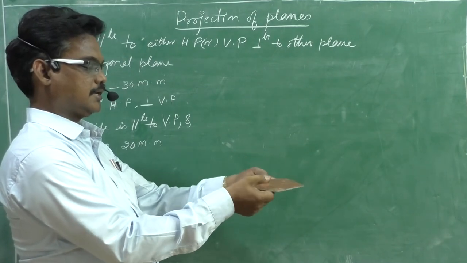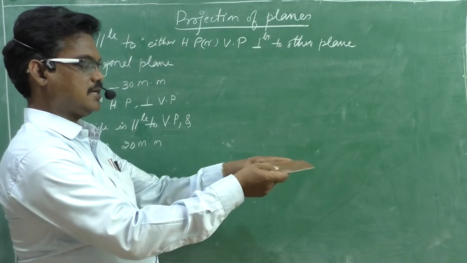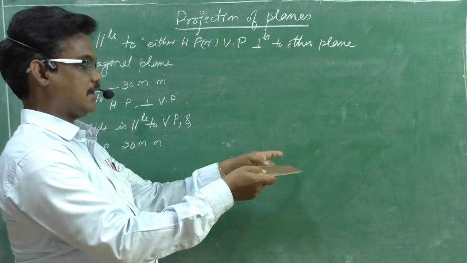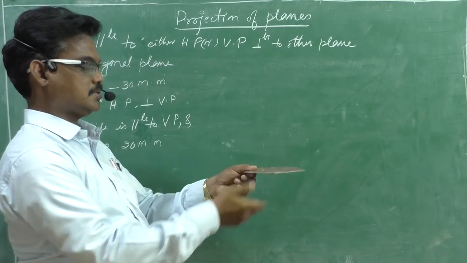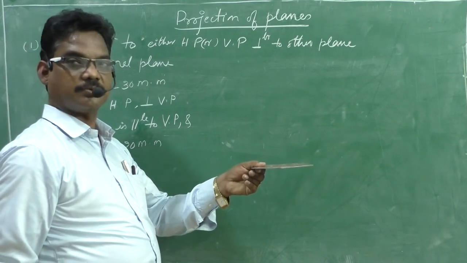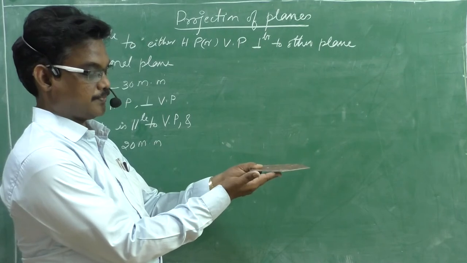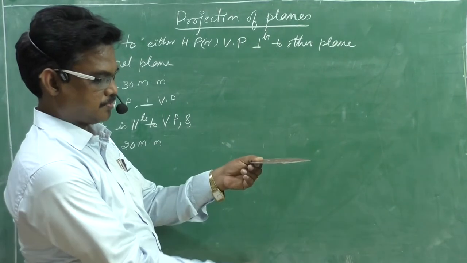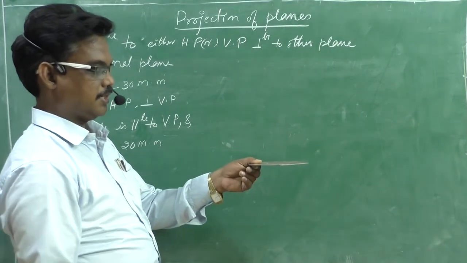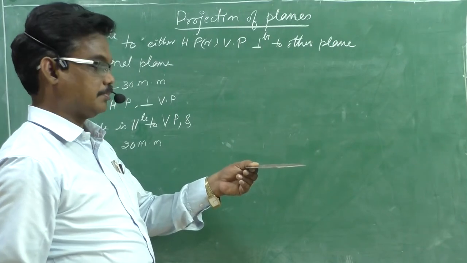But another condition is one side is parallel to VP. That means this is the fixed position. Okay, this we need to imagine, and the distance in between HP and the plane is 20 mm.